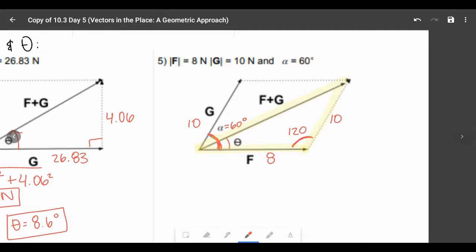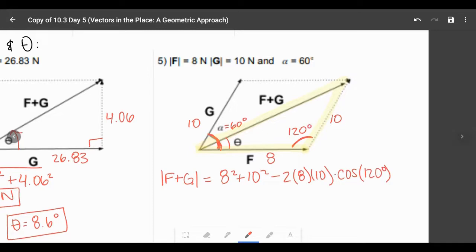So that magnitude of F plus G is going to be equal to 8 squared plus 10 squared minus 2 times 8 times 10 times the cosine of 120 degrees.